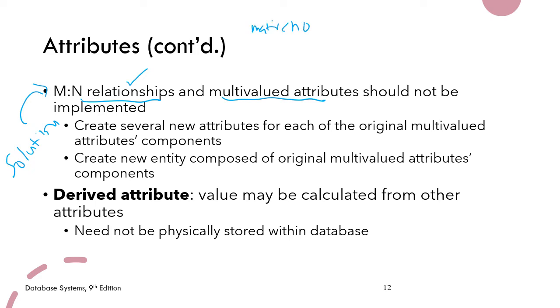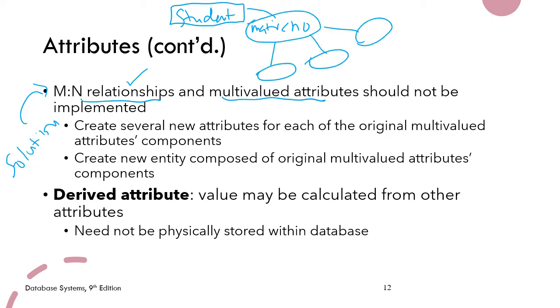This is the student ID, and it contains parts like this. The solution is to create new attributes, remove this one and connect it with the original entity.